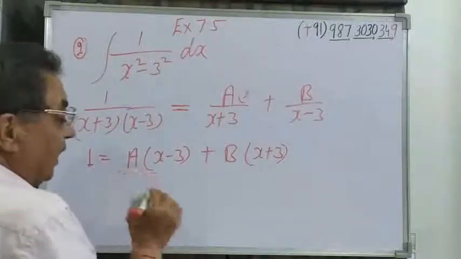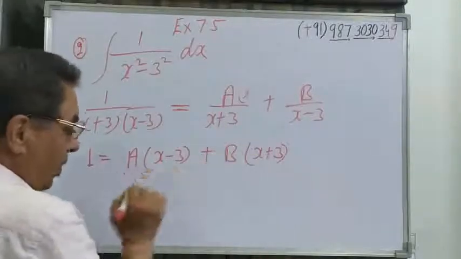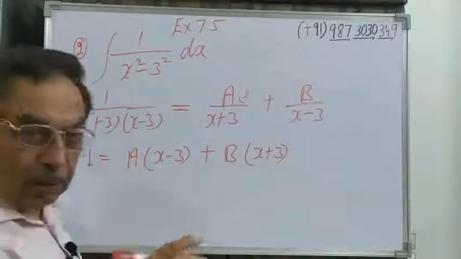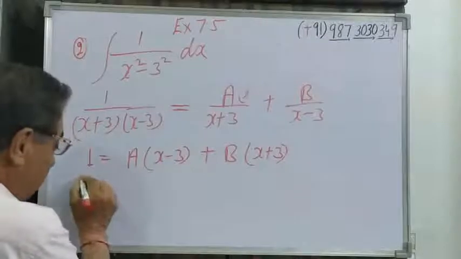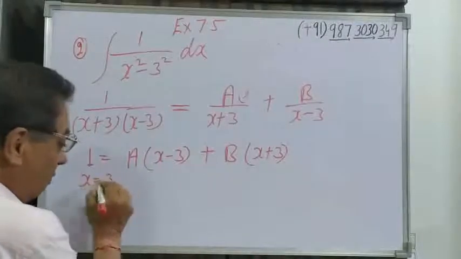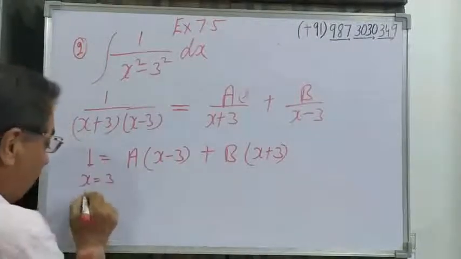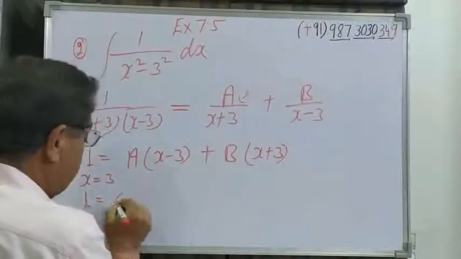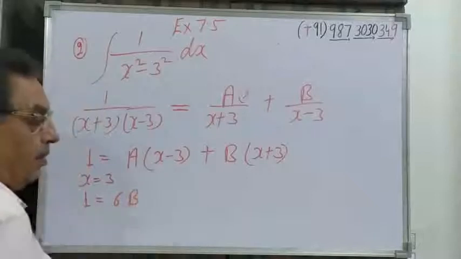First of all, I make one of them 0. If I put x is equal to 3 on both the sides, it will remain as 1, 3 minus 3 is 0, and this would be 6b.